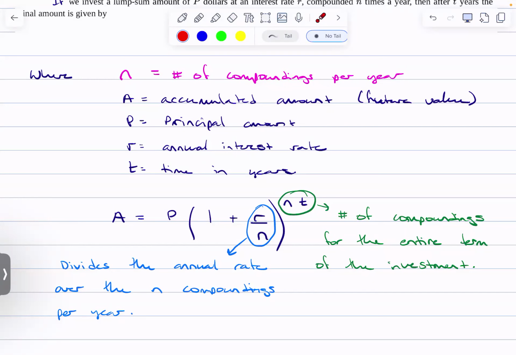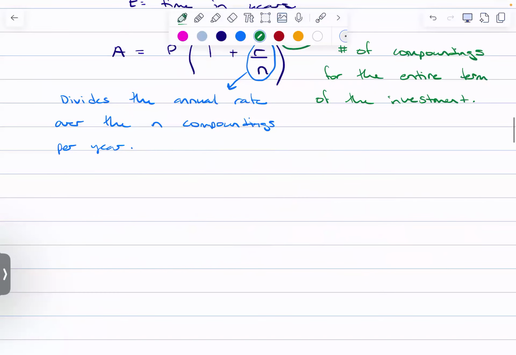And so that means that we'll be able to solve for A, we'll be able to solve for P, we can solve for R. We usually don't solve for N, so that's kind of out. But we can solve for T. So usually N is given.